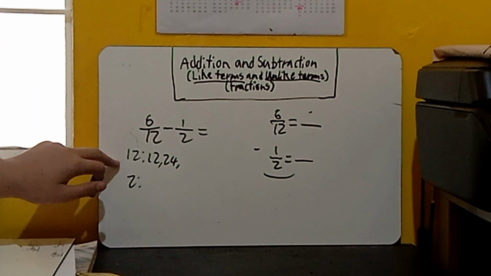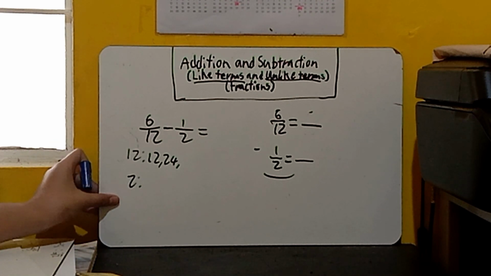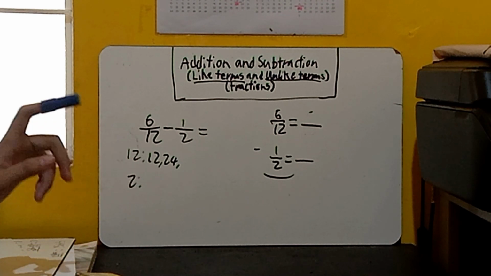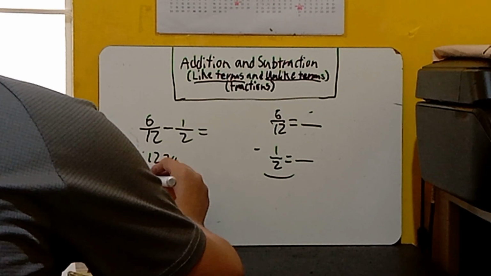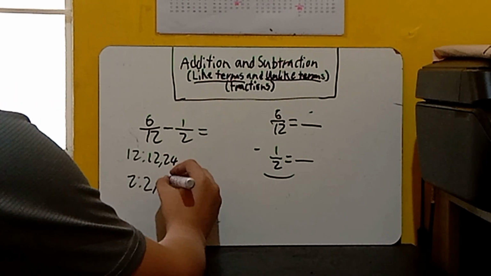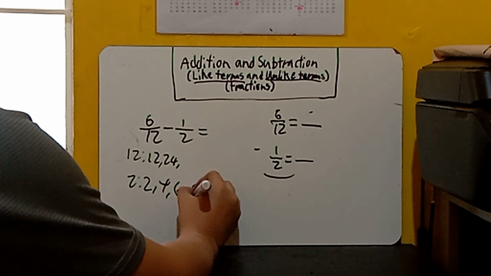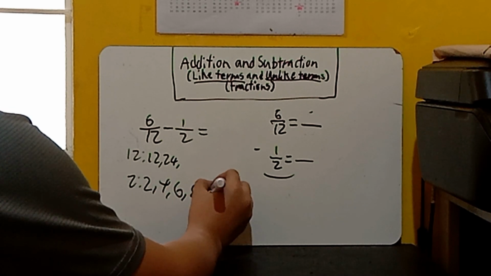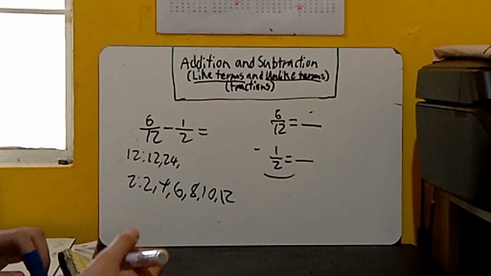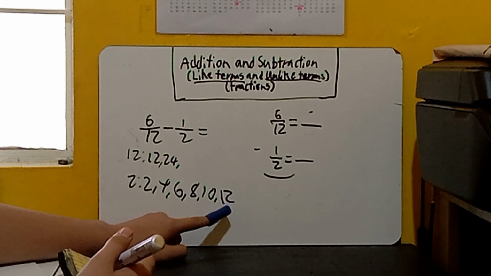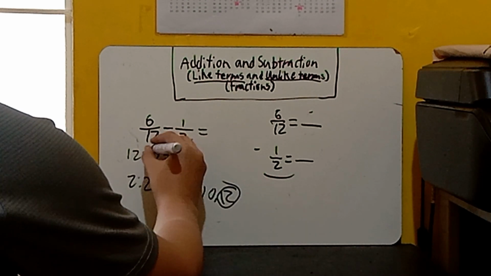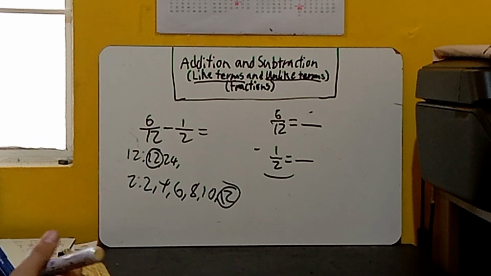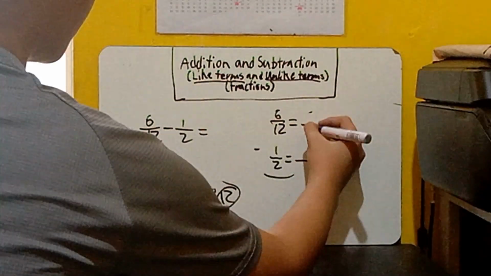The multiples of 2 go like 2, 4, 6, 8, 10, 12. Oh, now you see what the least common denominator is. It's 12. So we're gonna put 12 here.